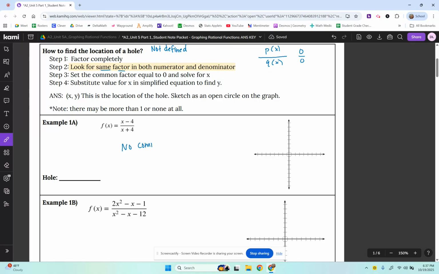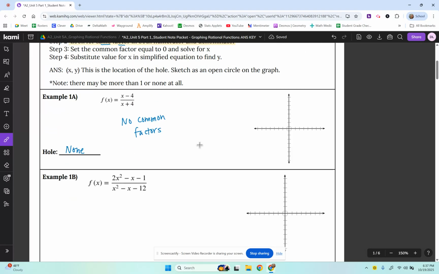This is my evidence: no common factors, which tells me that I do not have a hole. So at this point, we're going to assume that our graph is continuous. No hole means that there should be nothing on my graph.